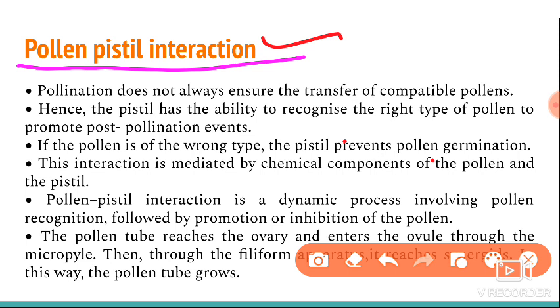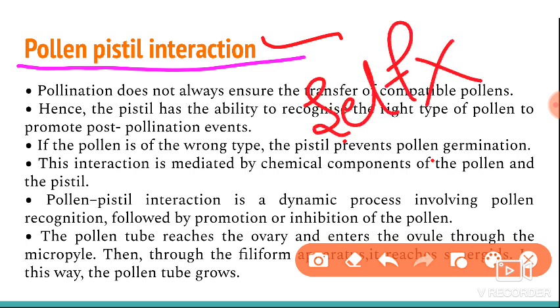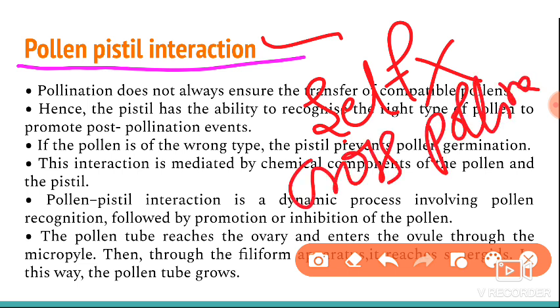Already in outbreeding devices we studied, they mainly avoid self pollination and promote cross pollination, just to change their genes. Because they need variations, for that purpose they undergo cross pollination. Several important devices were studied in case of outbreeding devices.